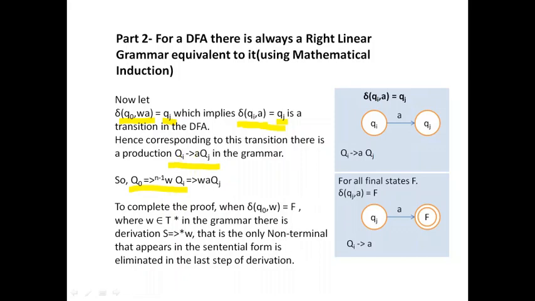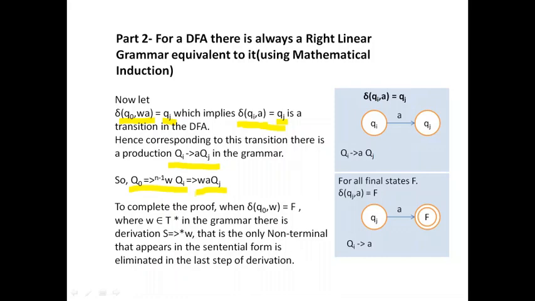If we apply this production here, we get the sentential form WAQj. So now we have shown that it is also true for strings of length n. Starting with the initial state Q0 reading WA, when we reach the state Qj, accordingly we have a derivation where we start with the start symbol Q0 and derive the sentential form WAQj.